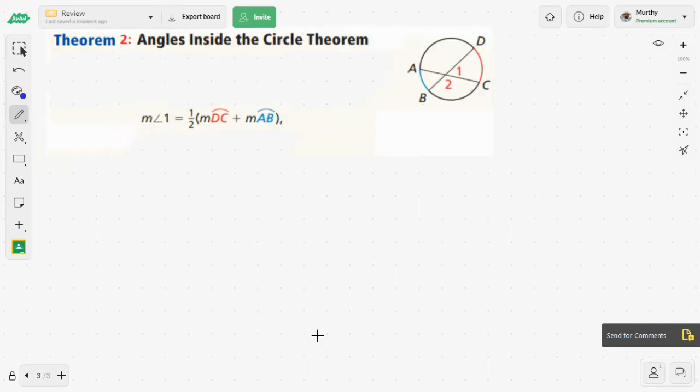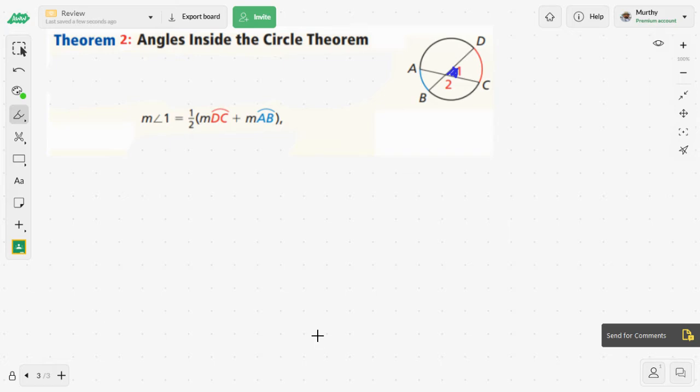In this theorem, the measure of angle 1 equals half the measure of DC. First of all, if I were you, this is how I think.